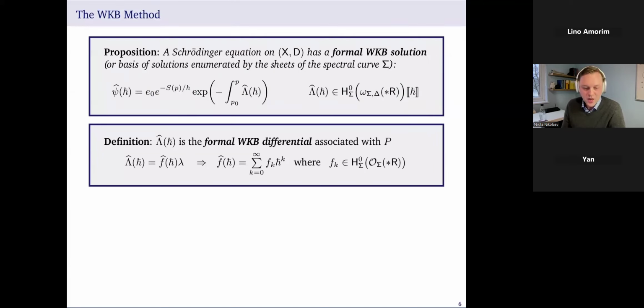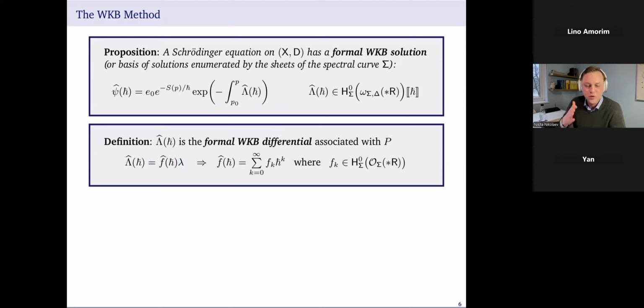Okay, but then the next thing is, I'm having a global differential form on the spectral curve. There's another global differential form on the spectral curve that I'm aware of, which is the canonical one form. So I can write this formal WKB differential in terms of that global one form lambda. What I get as the ratio of the two is a function little f of h bar.